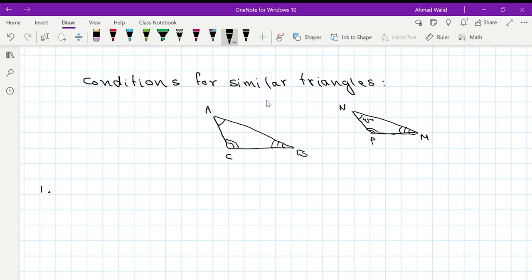Now, I will write the conditions. Condition number one: corresponding angles must have the same measure.